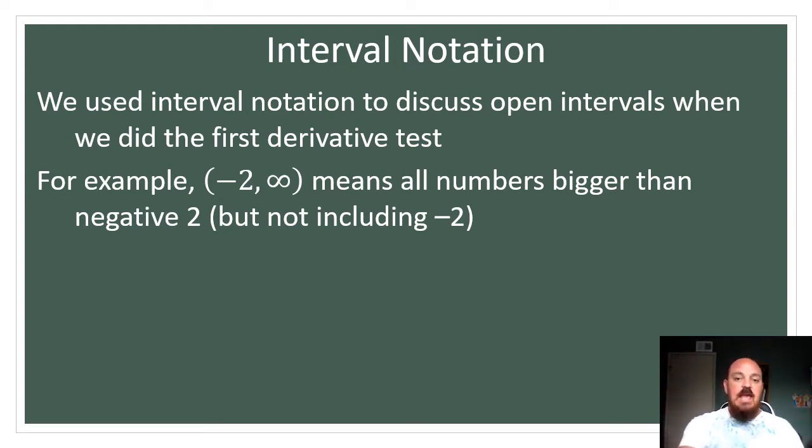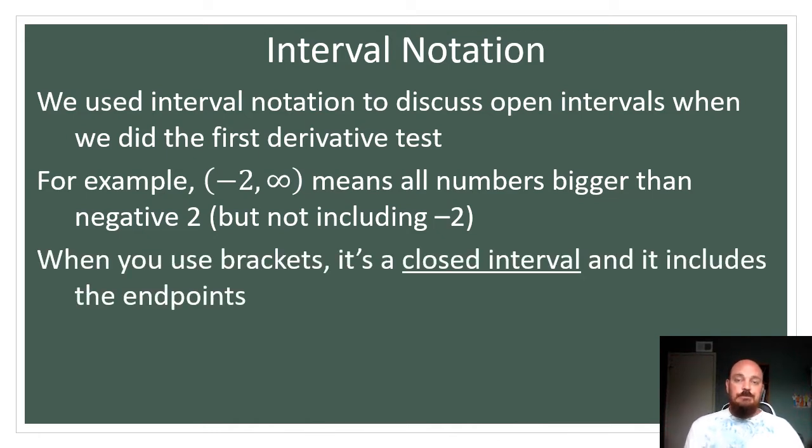Now starting today, we're going to be talking about closed intervals. And a closed interval is exactly the same thing, but you use brackets or the square parentheses instead. And that means it's a closed interval and it includes the endpoints. So for example, I might say something like this. Now it looks very much like this one up here.